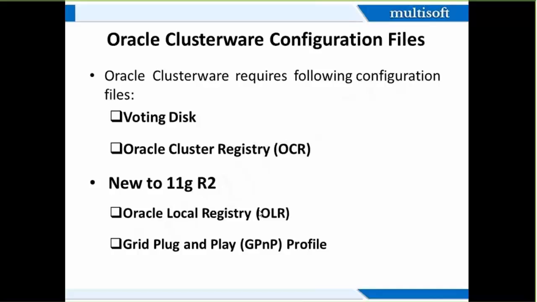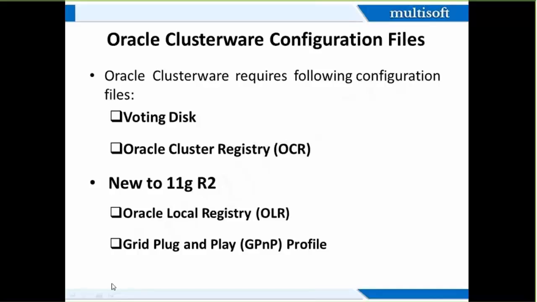The next thing is new in 11G R2. As I have mentioned, the voting disk and the OCR maintain shared information, that is, information shared among all nodes, right? But there is some information that is local to a particular node, which is needed to start that node.